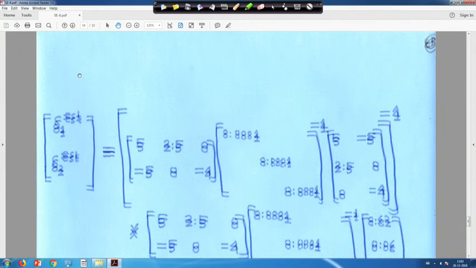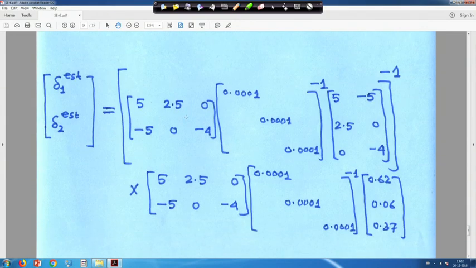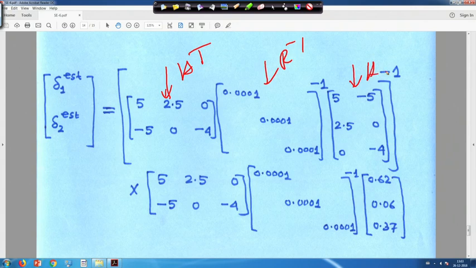If you look into that, this is my H transpose, this is my R inverse, and this is my H, right. And again, this is my H transpose, this is R inverse, and this is Z measure, right.